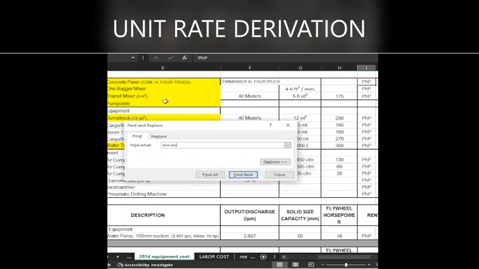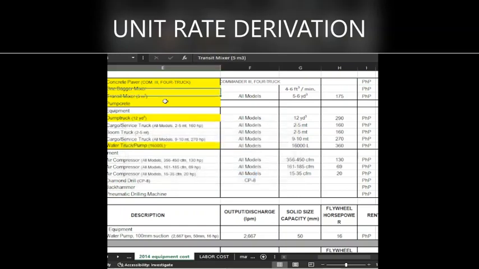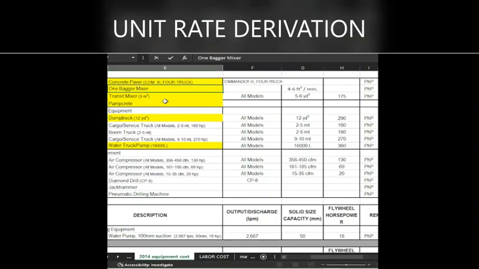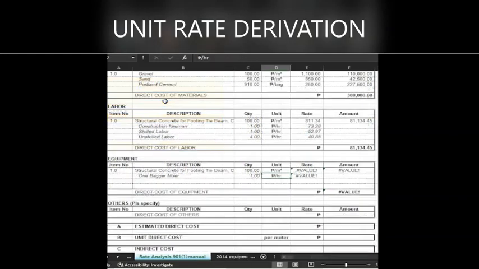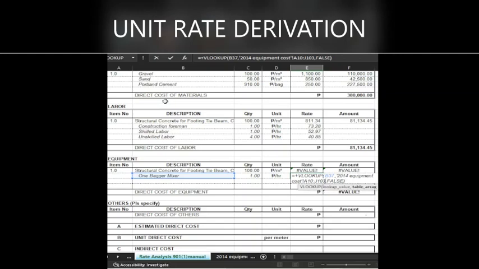There is one bagger mixer here. This one is 5 10.